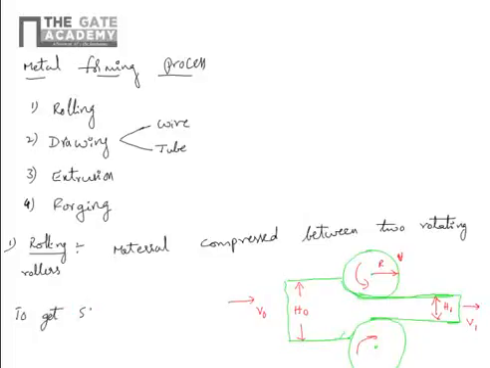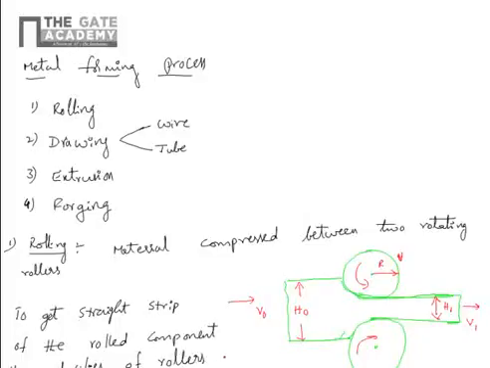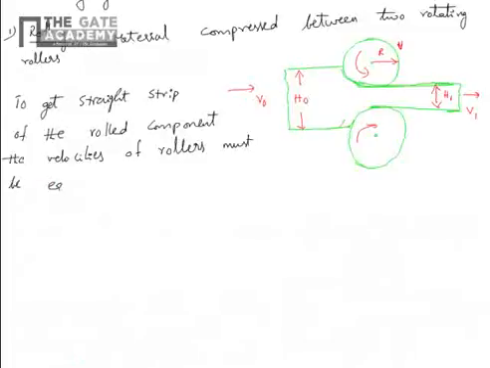To get the straight strip of the rolled component, the velocities of the rollers must be equal. So the velocities of the rollers must be equal: V1 equal to V2.